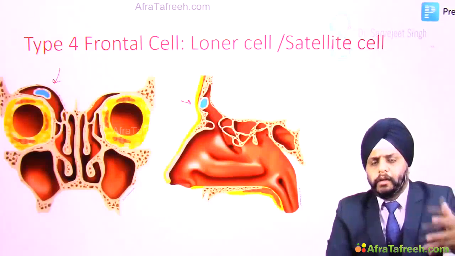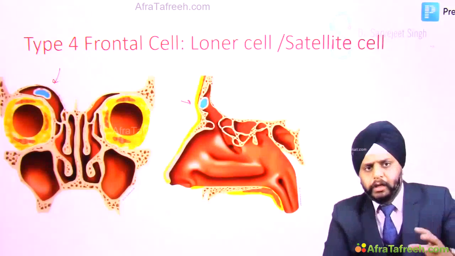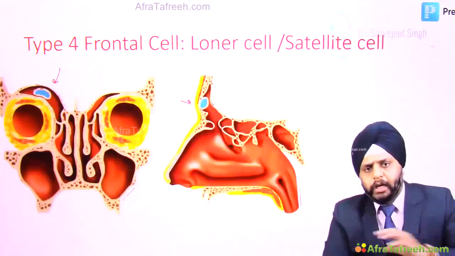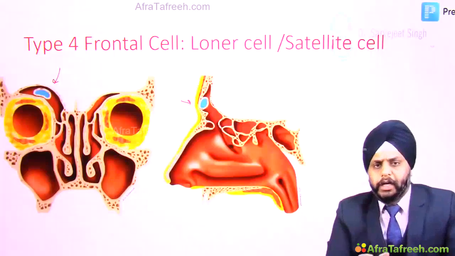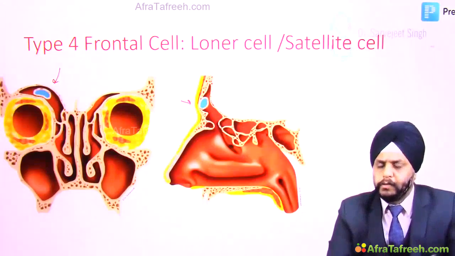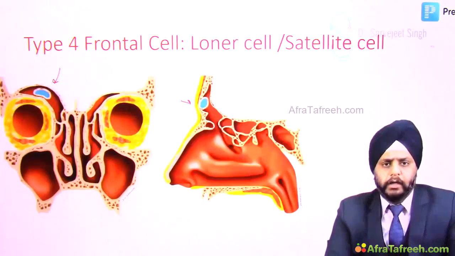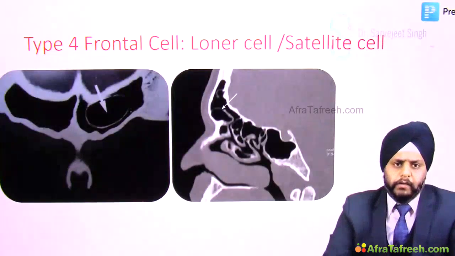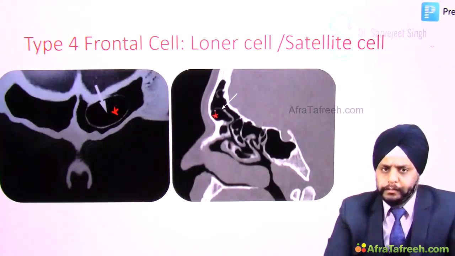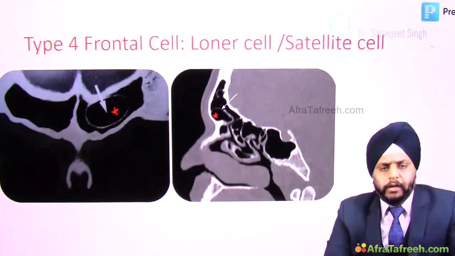It is totally separate from the ethmoidal system. So the name loner cell or satellite cell is still used. Next we see the CT scan where you can see the type 4 frontal cell, the loner or satellite cell, quite clearly visible.